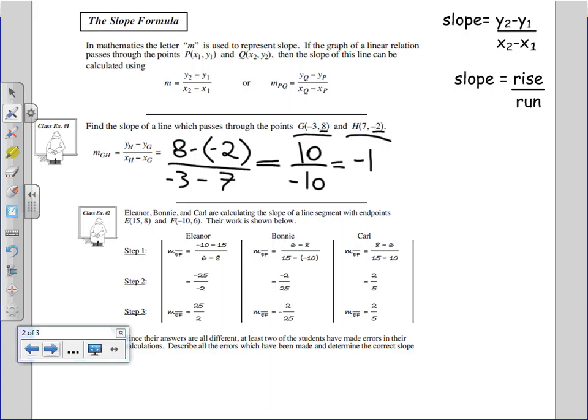Okay, let's do it the other way. That's all it changes. So Aaron's already done it the other way. He did H minus G, and he got negative 10 on top over 10. Still the same. Still equal to negative 1. So it's the same way. As long as you pick one point to go first and one point to go second, you'll get it right.